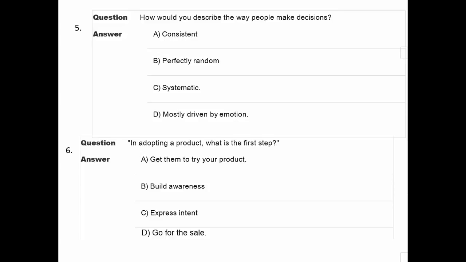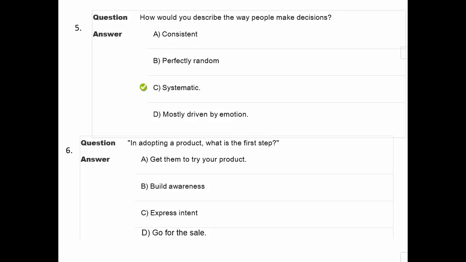And so we know that people aren't always consistent. We know they aren't perfectly random either, because if they were perfectly random, then marketing would never work. And we know we're not mostly driven by emotion, because there are some people who are more rational than others. So what it comes down to is the one thing that is true about people is that we tend to be systematic, and that comes directly from the lecture.